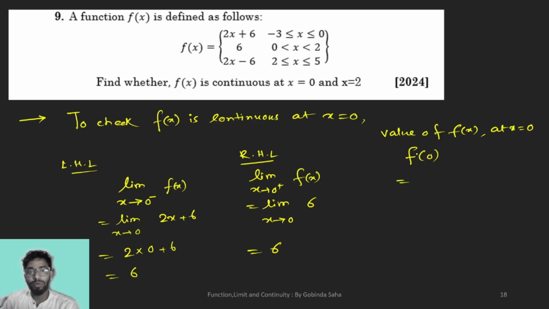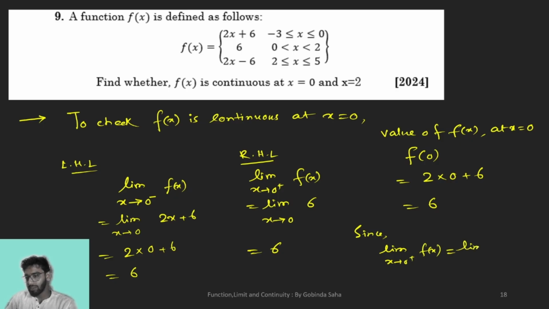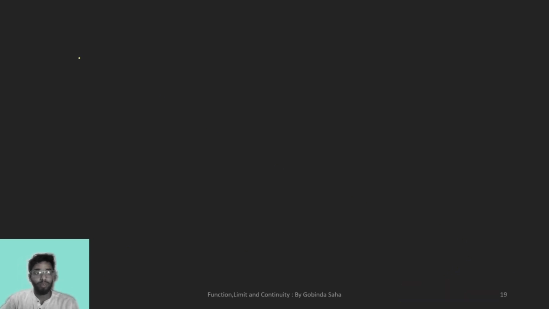So whenever x equals to 0, it is 2x plus 6. So 2 into 0 plus 6, it is 6. Since all are equal, limit x tends to 0 plus fx is same as limit x tends to 0 minus fx and f of 0. So at x equals to 0, fx is continuous.